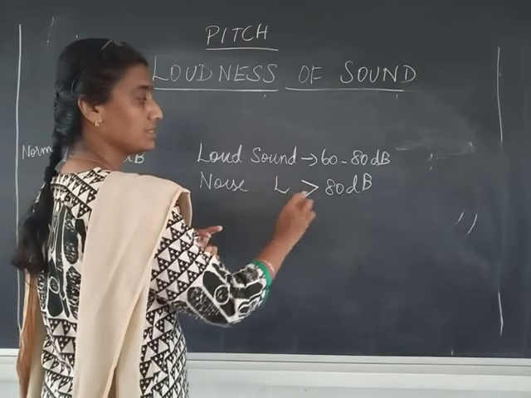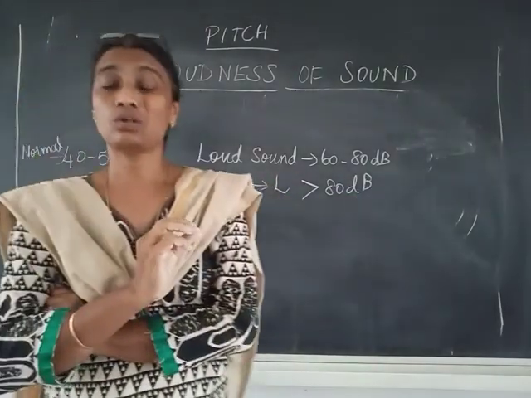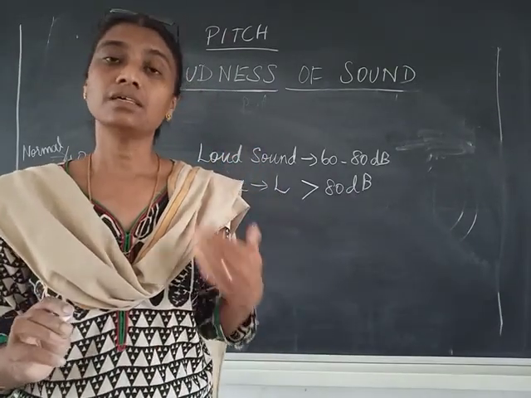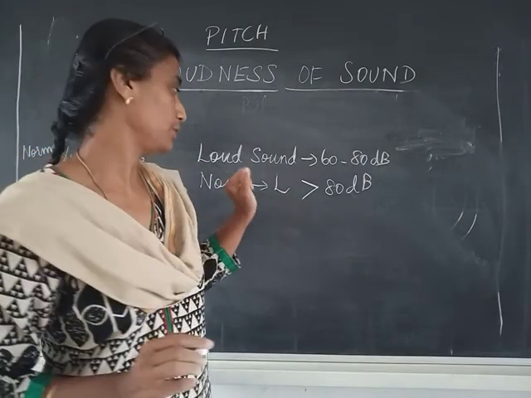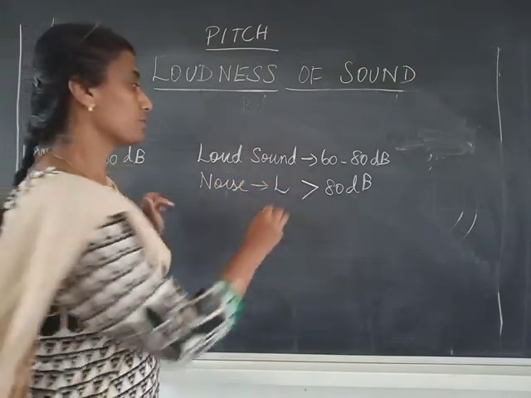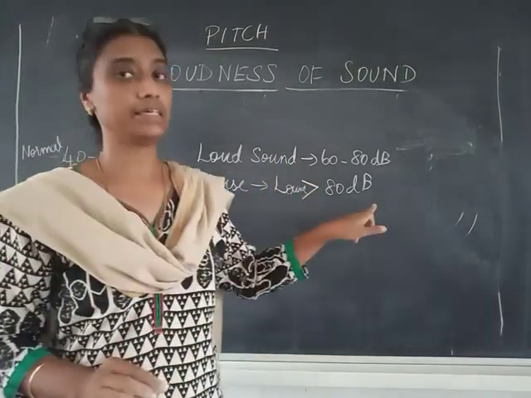Yes, when loudness becomes greater than 80 dB, it becomes noise. It's not a pleasant sound. We don't want to hear it for a very long time and we just want to get rid of that. That's called noise pollution. Generally, the loudness of those sounds is greater than 80 dB.